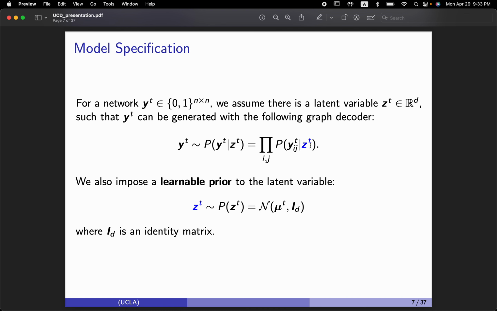We also impose that, given Z_t, the distribution for the graphs is dyadic independent. And we also impose a learnable prior on the latent variable. We write it as Z_t following a marginal p(Z_t), and we let this marginal distribution be a normal distribution with mean vector mu_t and identity covariance matrix.